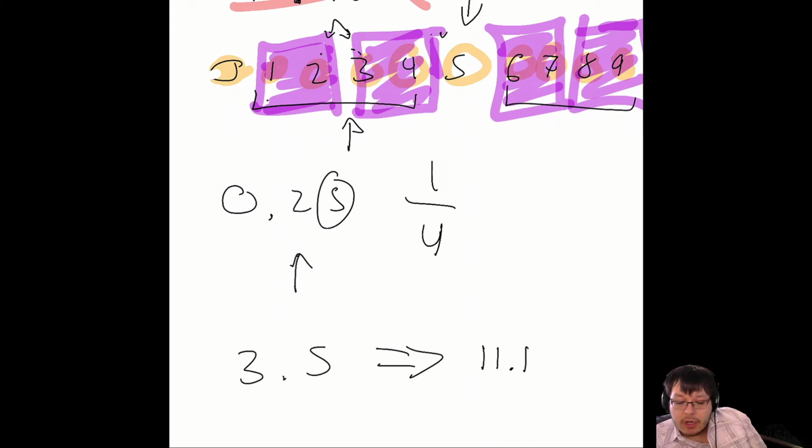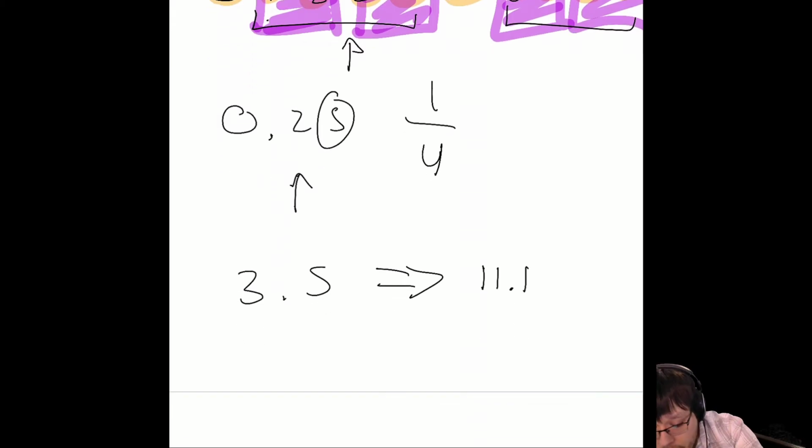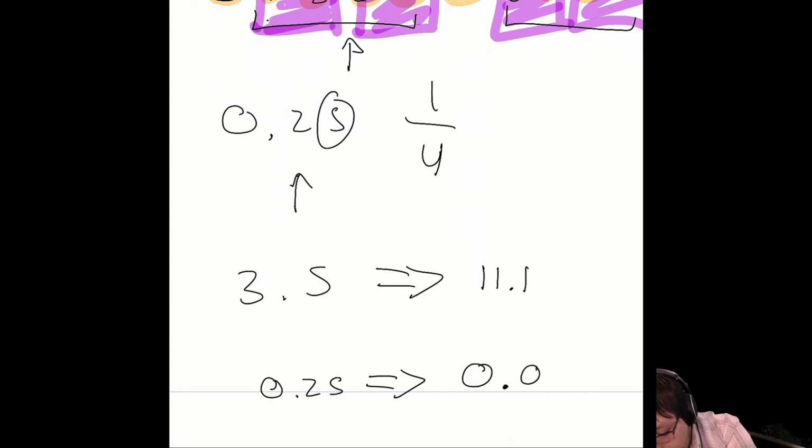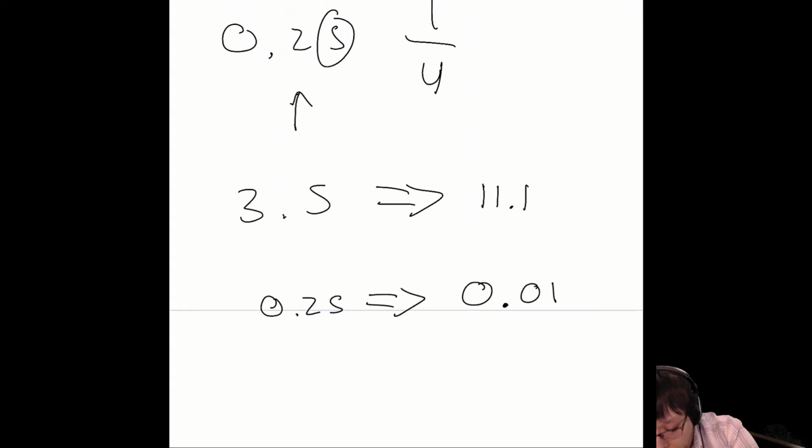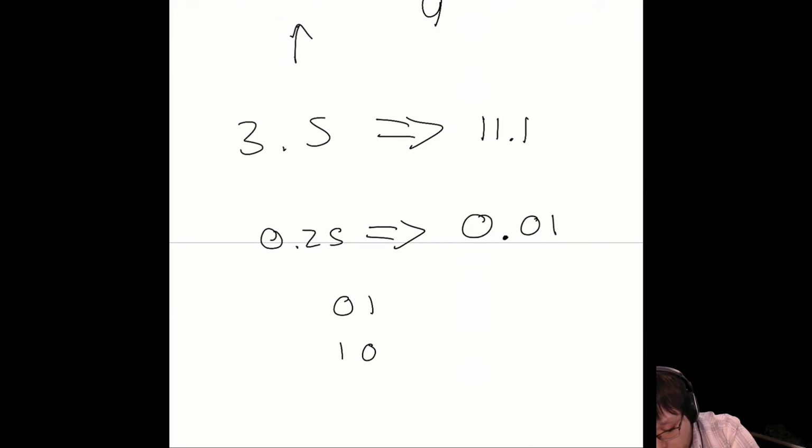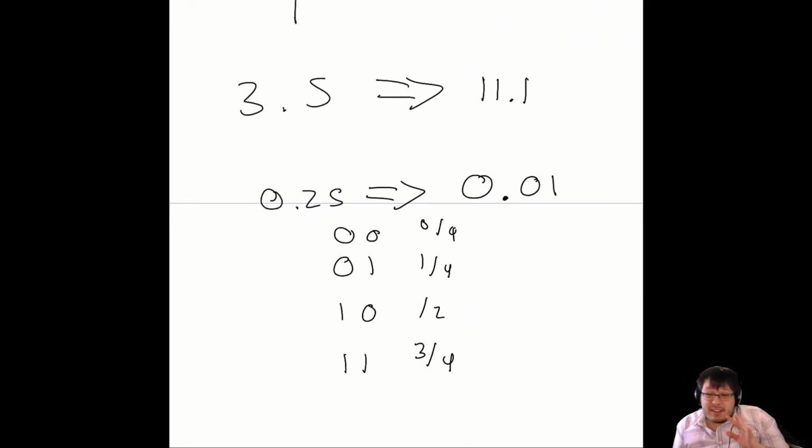Or similarly, if you wanted a quarter, 0.25, you would do 0.01, because you could think of that as being 1/4, 1/2, 3/4, and then 0.00 would be 0/4, which is just 0. Okay, so it's a weird system, but it's technically correct.